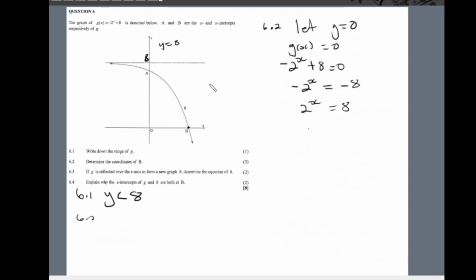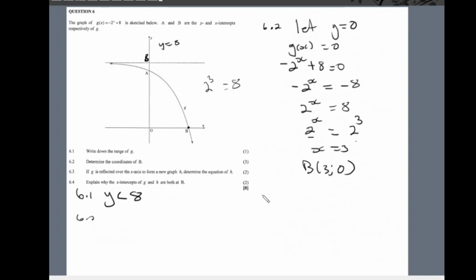So 8 is the same as 2 to the power 3. So if I rewrite the right hand side as 2 to the power 3, that is the same as saying this is 8, right? Now that the bases are the same, I can equate the exponents, meaning the coordinates of P will be (3, 0).